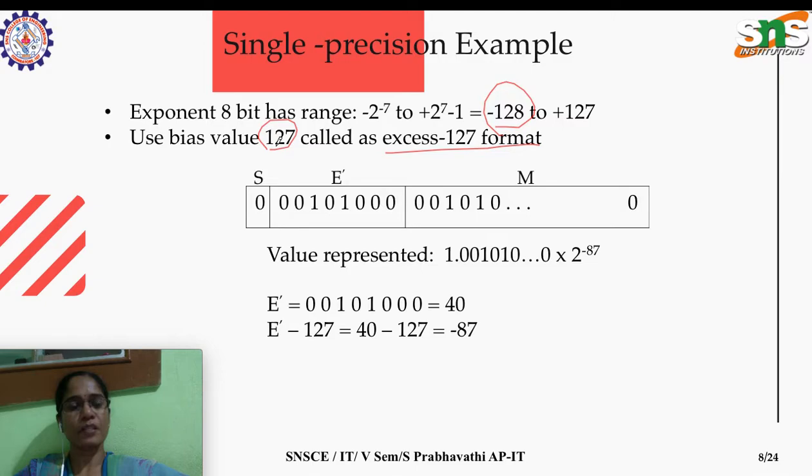Just remember, in single precision the bias is 127, which we also call the XS 127 format.